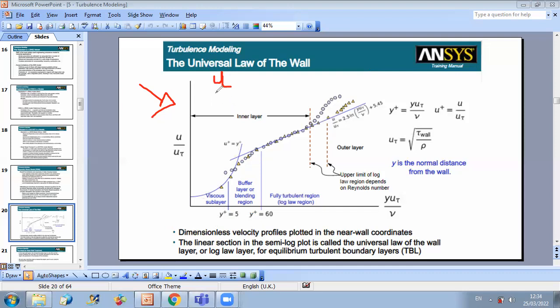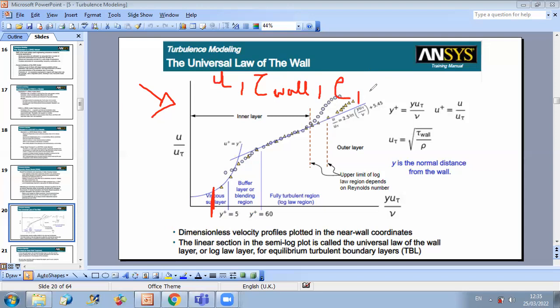So we can define, for example, the parameters of interest: U, the velocity of the flow. We have the shear stress, of course, because the shear stress is related to viscous effects and will lead to gradual transition of the velocity profile in the viscous sublayer. So we have tau near the wall. We have also, of course, whenever you have a flow, the important parameters that will be involved will be rho.